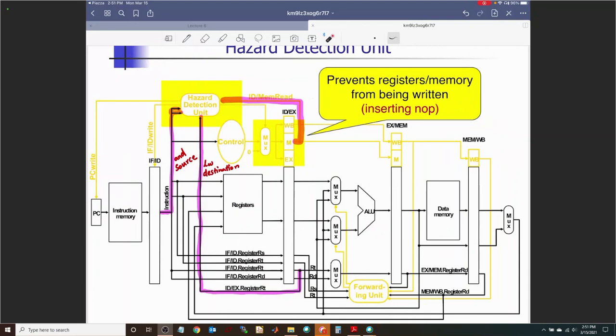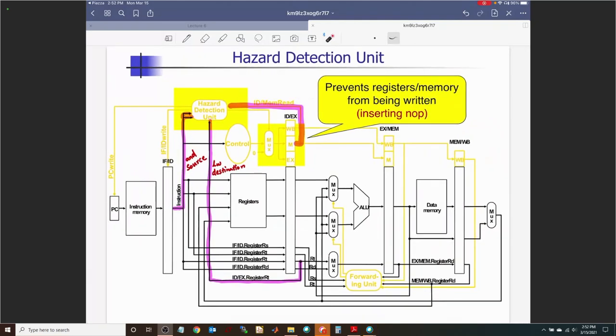What are the outputs? Well, I have an output connected to a MUX here, and I have an output connected to the IFID pipeline register, and I'm controlling whether to write or not. And I'm also controlling whether to write or not for the program counter. So essentially, this is what I'm going to do. If I detect that this is 1, I am loading.